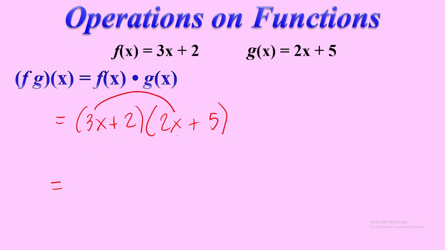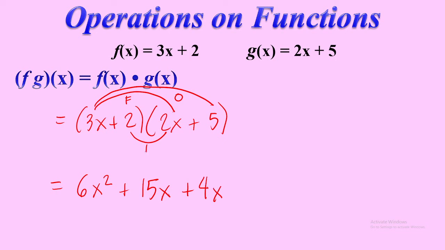So 3x times 2x, that's 6x squared. This is the first term. The outer terms. 3x times 5, that's positive 15x. That's the outer terms. The inner terms, 2 times 2x, that's 4x. That's your inner terms. Then we have the last terms. We have 2 times 5. That will give us a 10.